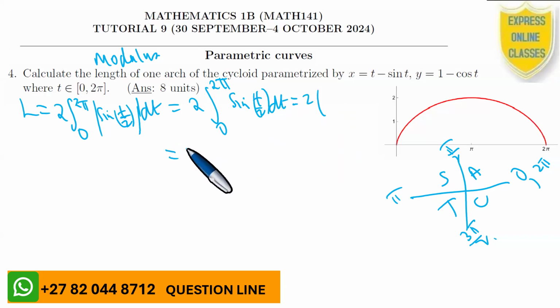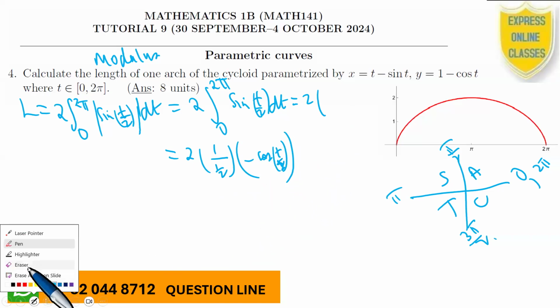And therefore, what would the integral of this be? So it's 1 over 1 half. Then the integral of the sine becomes exactly what? Negative cosine of t over 2.